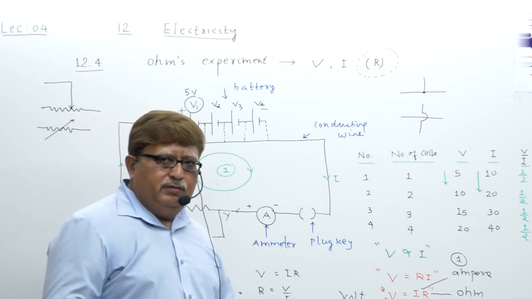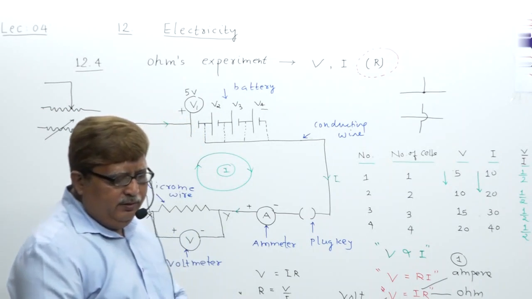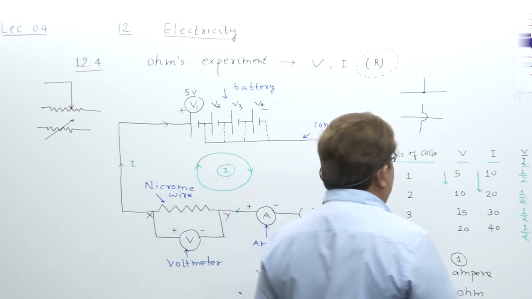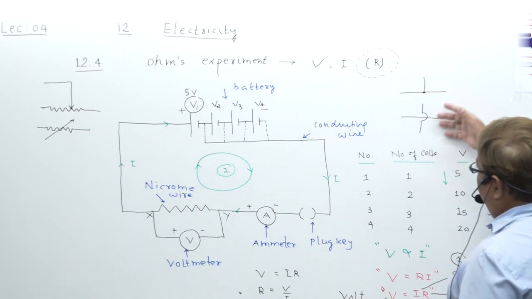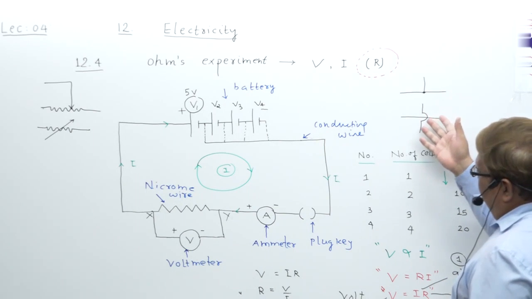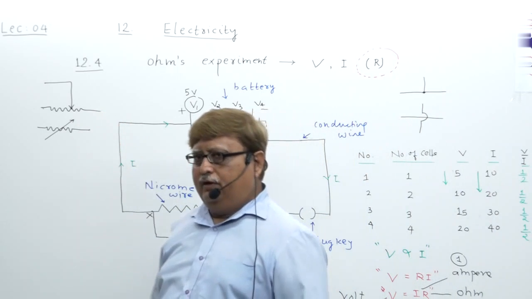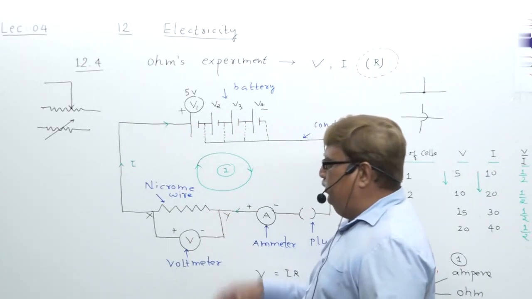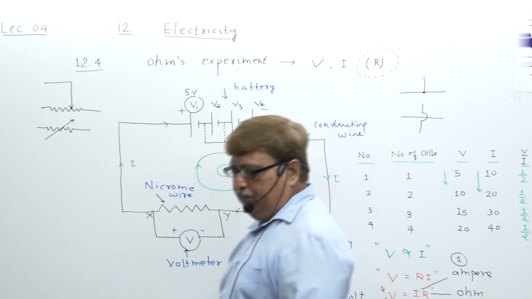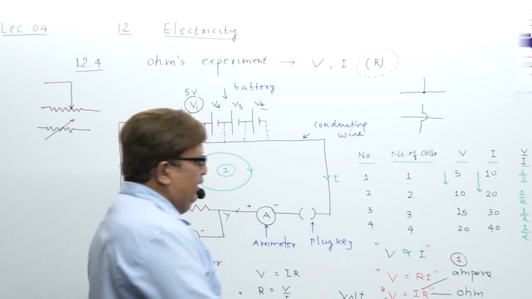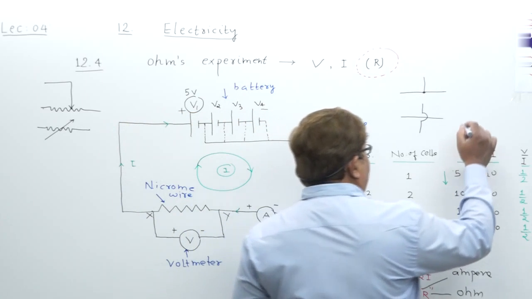About bulb, we have done in one experiment also. Some of the symbols you need to remember: junction point, wire joint, wire going over another wire, variable resistors. Understand, this is constant resistor. So this way, some of the symbols, one another symbol I should mention, galvanometer.